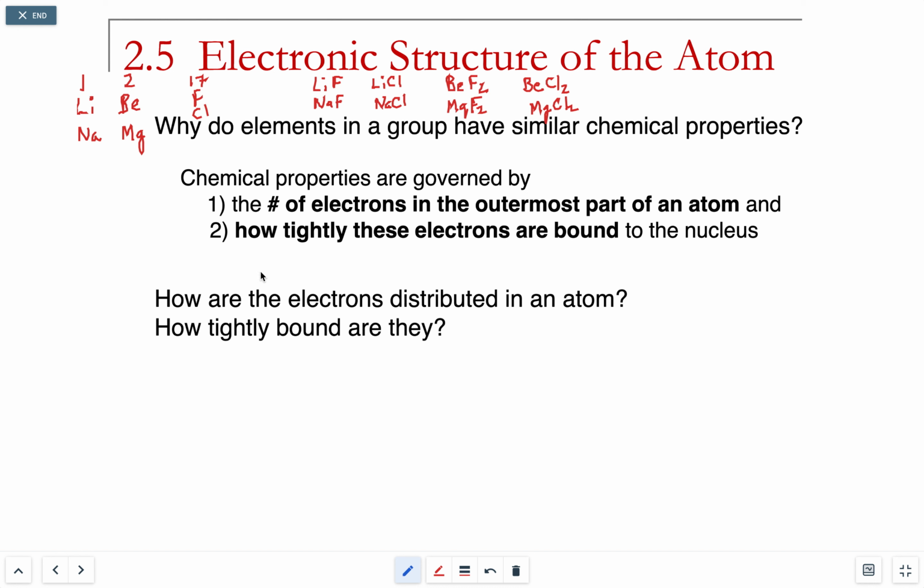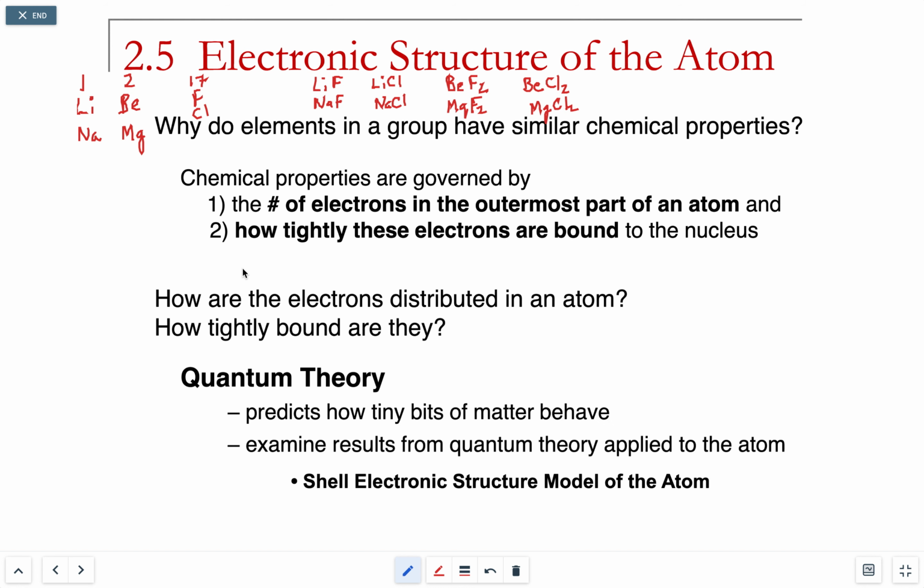Now, what we're going to show you is that the theory that is going to allow us to determine how the electrons are arranged in an atom, to allow us to start to discuss chemical bonding, as well as this experimental property that we see that elements within a group in a column have similar chemical properties, derives from a very successful model of reality called quantum theory.